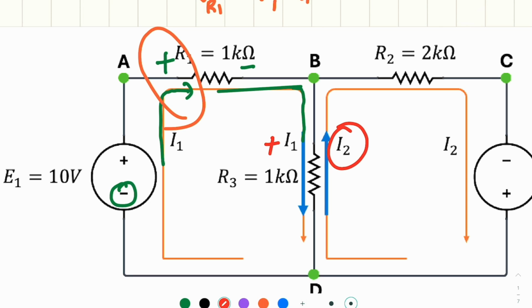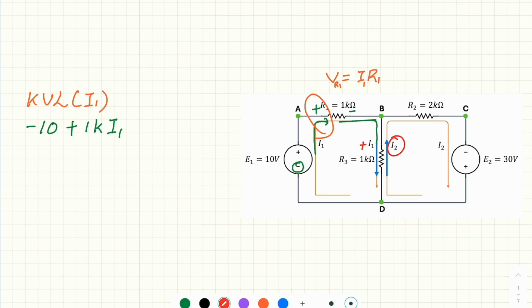So what I mean is we can imagine there's another current opposite to I1, so it will reduce I1, but still I1 passes through. So what really passes through R3 from this perspective is I1 minus I2. The sign is minus because I2 is opposite to I1. Now what is the value of R3? The same argument, which is 1K, and we know this is positive, and this is equal to 0.